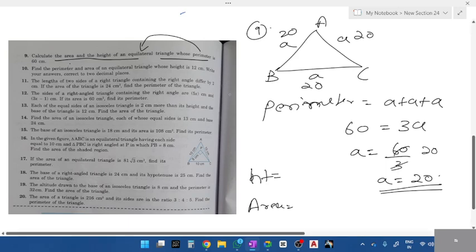Just because they gave the perimeter value, I've used perimeter, then I found a.